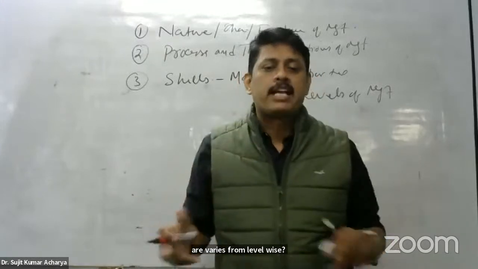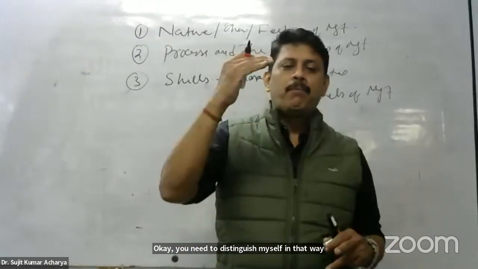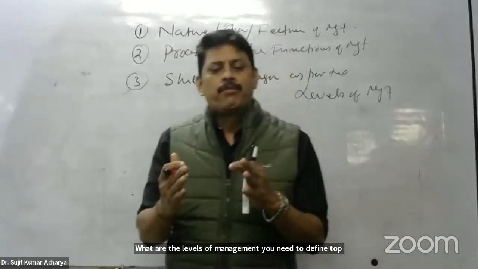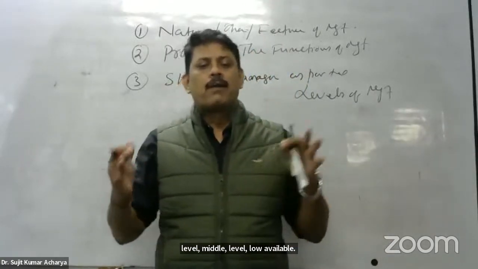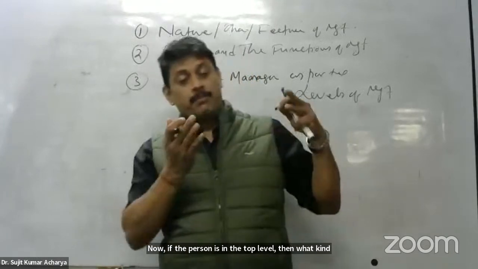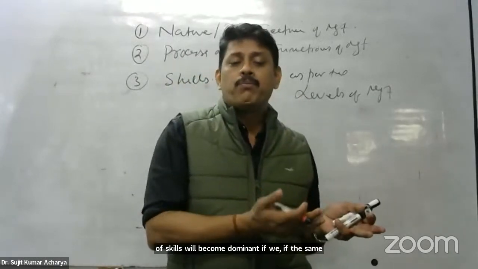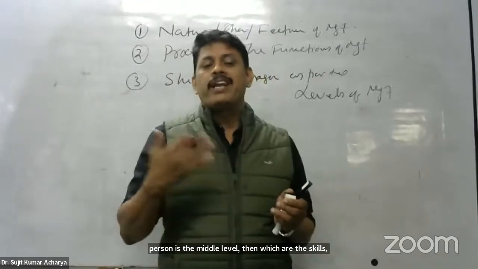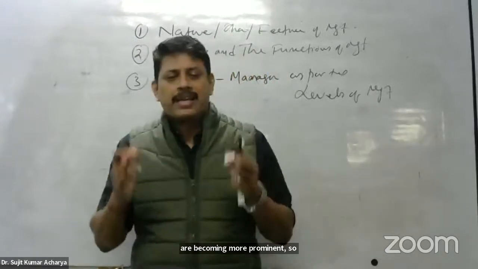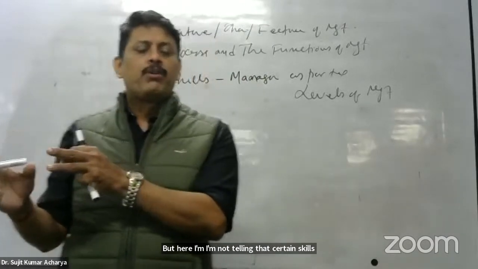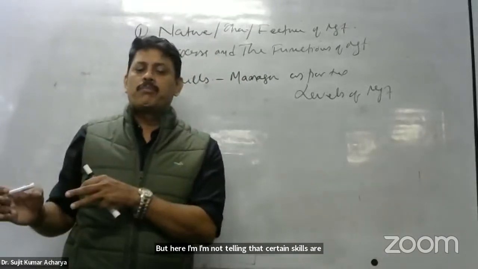What are the levels of management you need to define? Top level, middle level, lower level. If a person is in the top level, then what kind of skills will become prominent? If the same person is in the middle level, which skills become more prominent? So you need to define that. But I'm not saying that certain skills are only required for top level, or only for middle level.